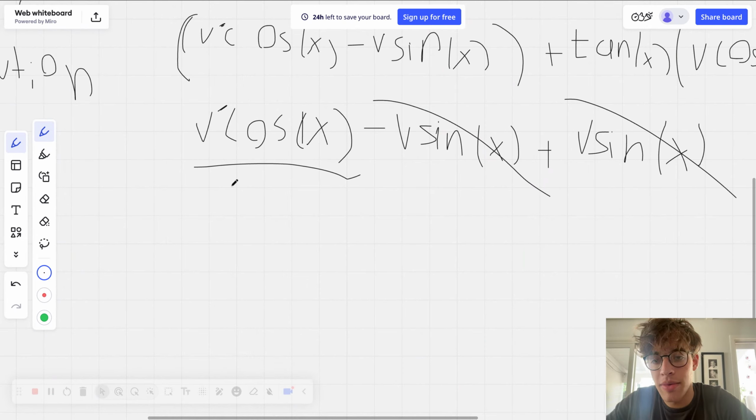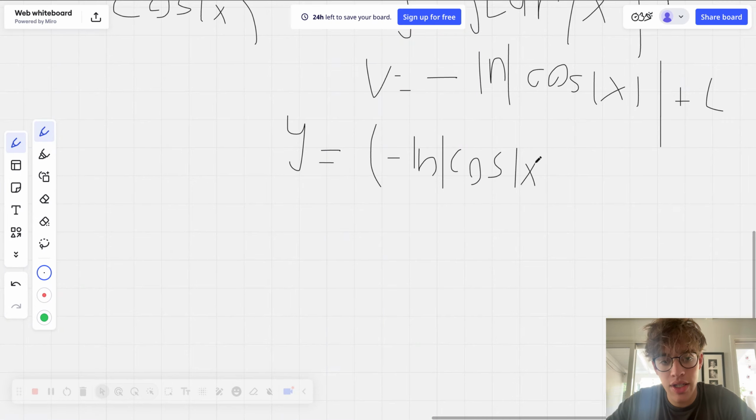Now we put this back into our original, y equals v times our homogeneous solution, or vu, whatever, I think that's what we call it in class. So y equals negative ln cosine x plus c times cosine x, which is the solution to our homogeneous. Boom. All right.